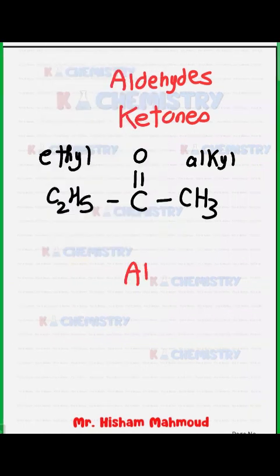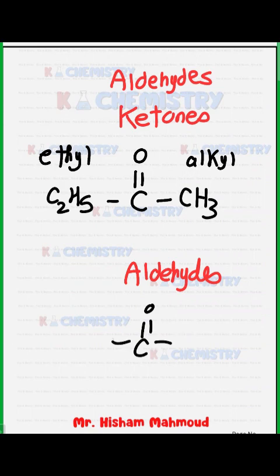What about the aldehydes? It is the same thing, but this time there is one alkyl on this side and the other side must be H. I was telling you that they are both isomers. So this part should be equivalent to that part. If you have 1 carbon and 3 here, then here should be 3 carbons. That's C3. What comes as an alkyl group with C3?